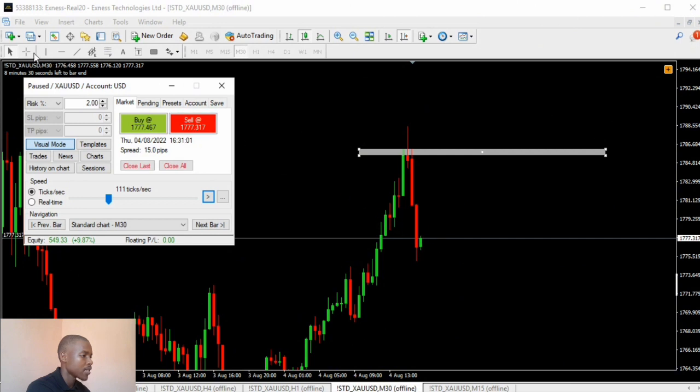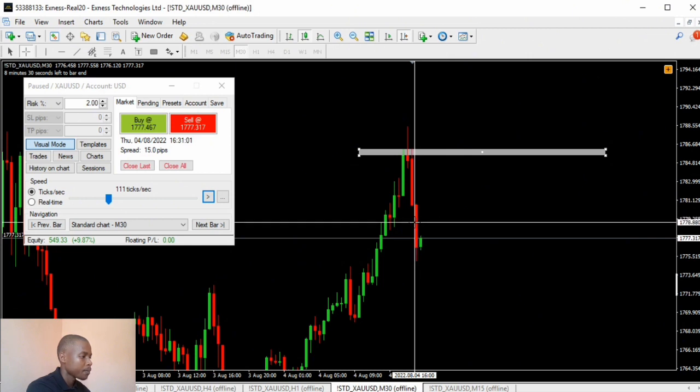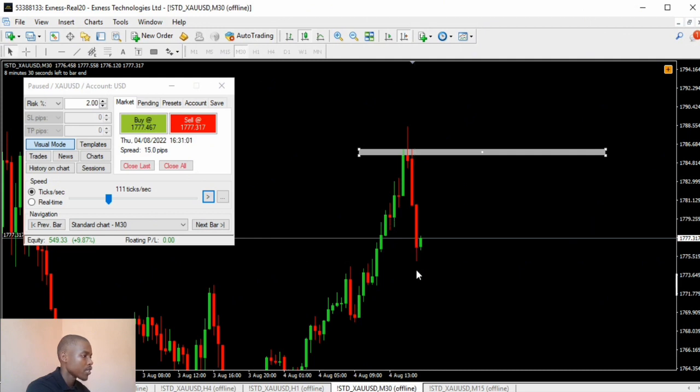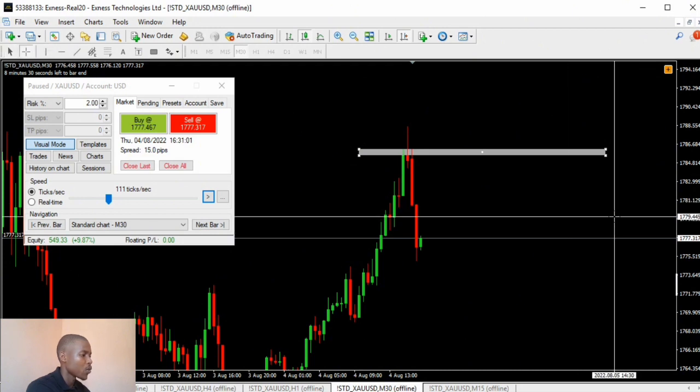If it reaches this level, I'm entering on a buy and placing my stop loss below the current level of support, which is 47 pips. If it reaches 1779.445, that's when we are most likely to enter and trade.